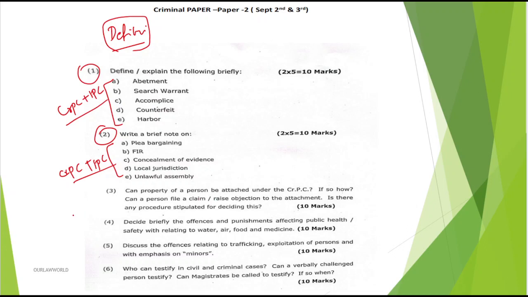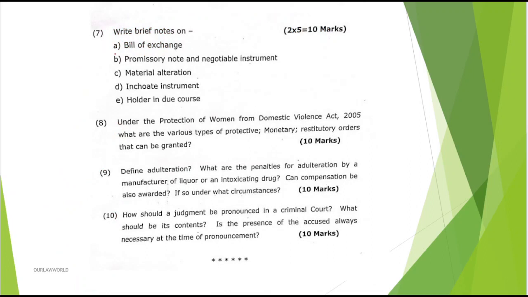The next one is CrPC. This is regarding IPC. Fourth question, public health and safety. Fifth is also IPC, and who can testify in civil and criminal cases? This is from Evidence. In the next question you have a combination: bill of exchange, promissory note, material alteration, cognate instruments, and holder in due course.